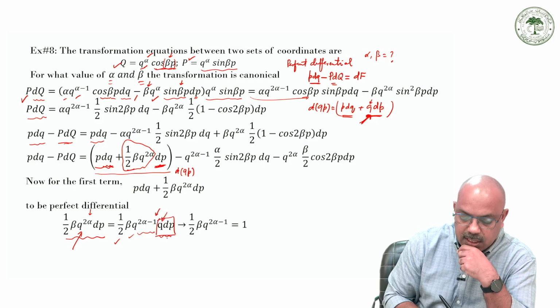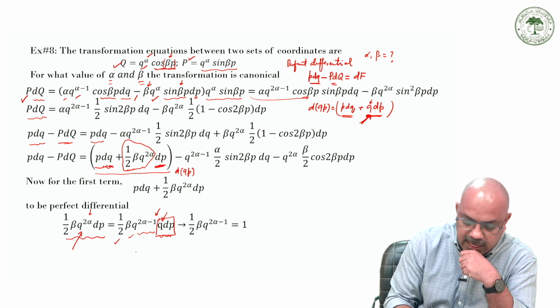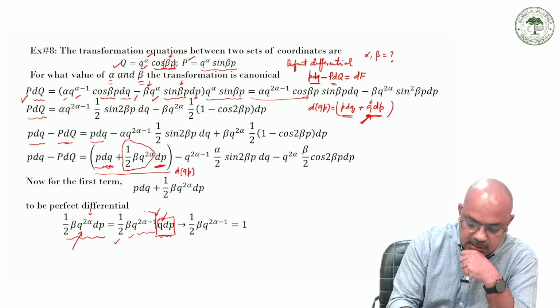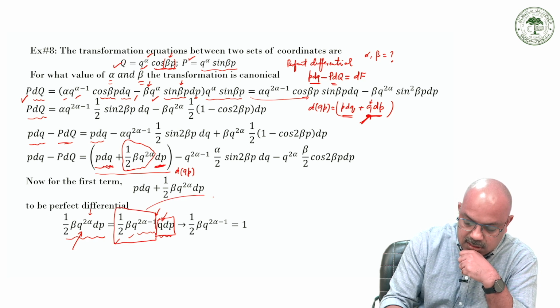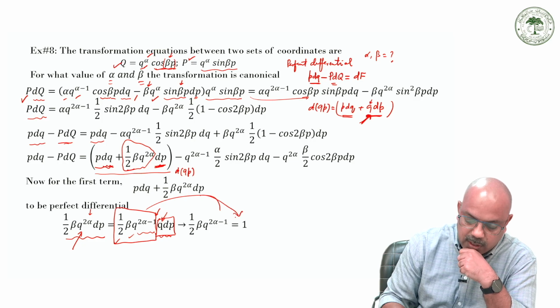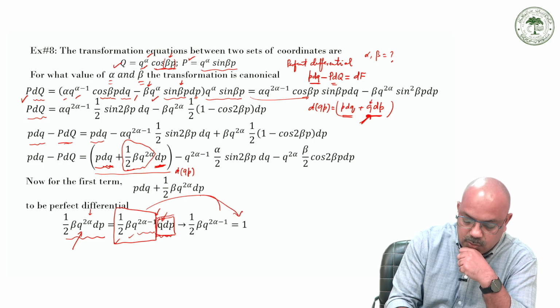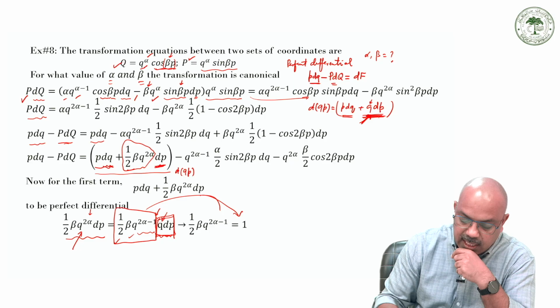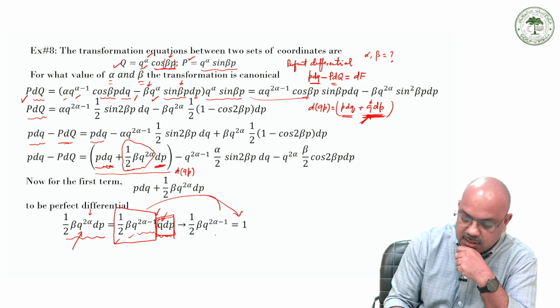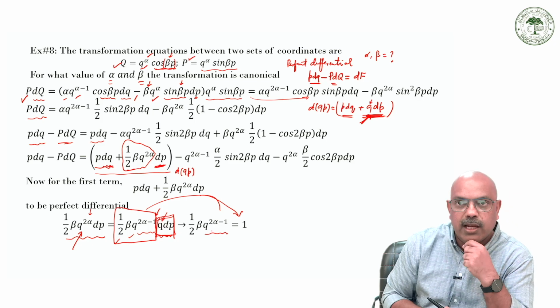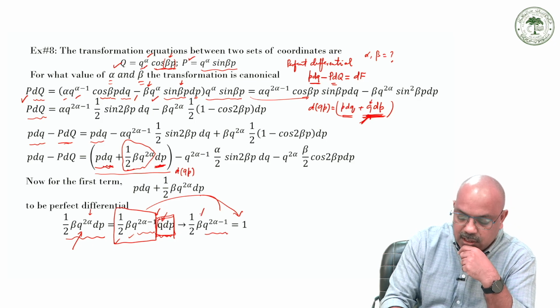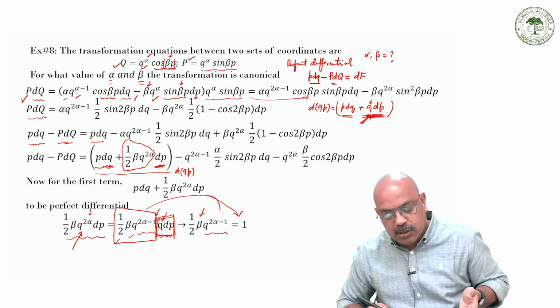Okay, so now the condition I have is this whole thing has to be equal to 1. I already have q dp, what I want is q dp, and I want this to be 1. So the condition has to be on this q to the 2 alpha minus 1, because you can put the condition on beta equal to 2.